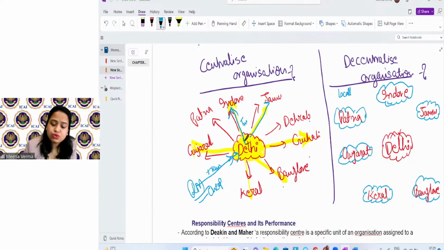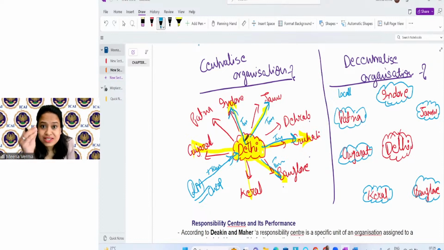Then to Jammu, Guwahati, and Bangalore, transportation cost each time. So you can imagine how much the raw material has to move, and how many resources we are wasting because of a centralized organization.